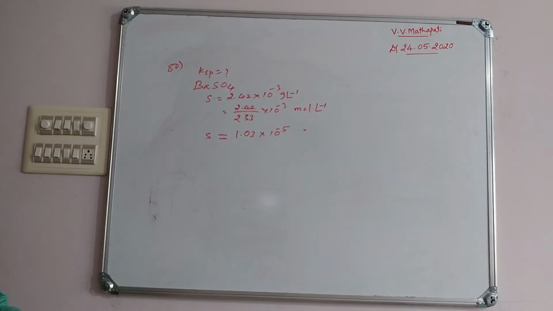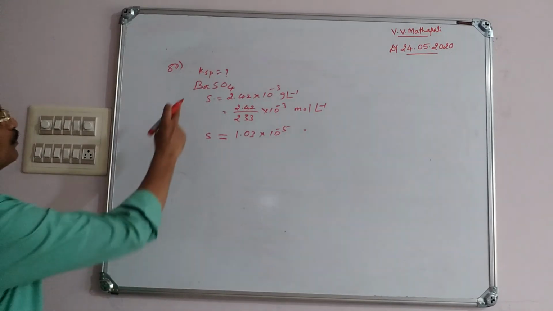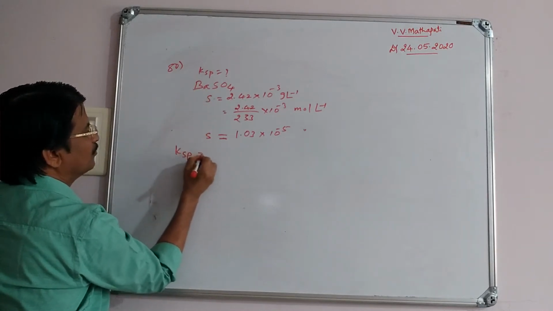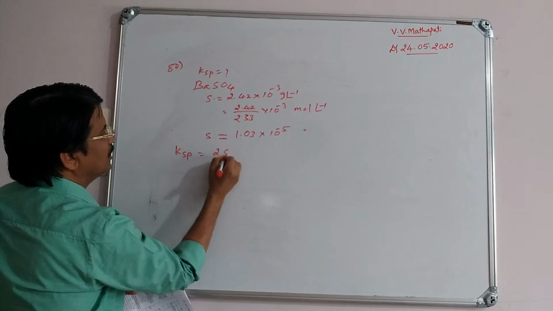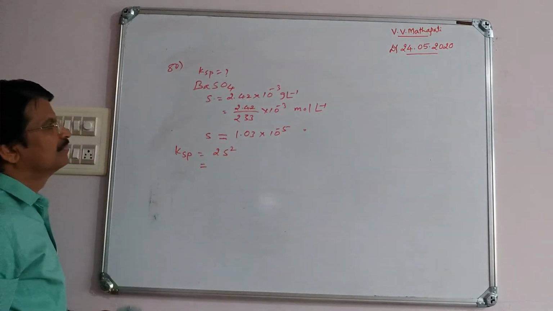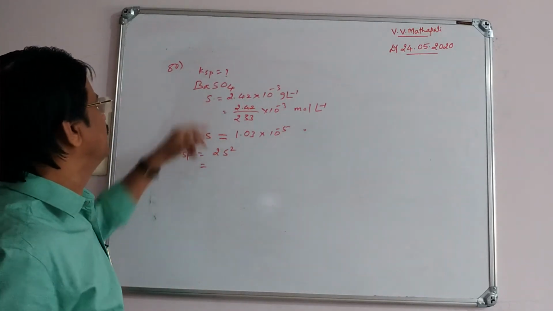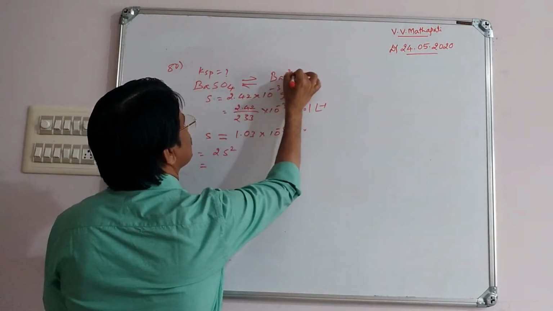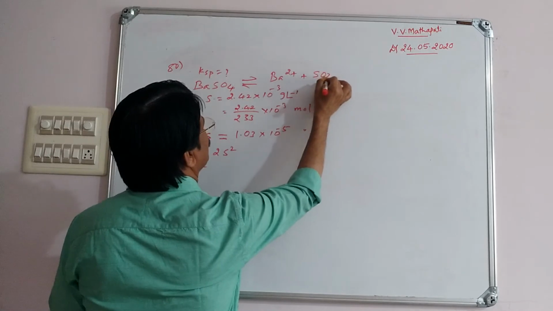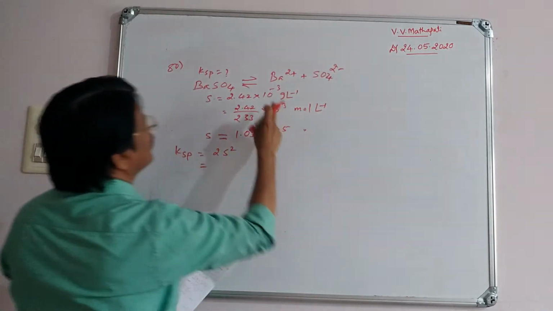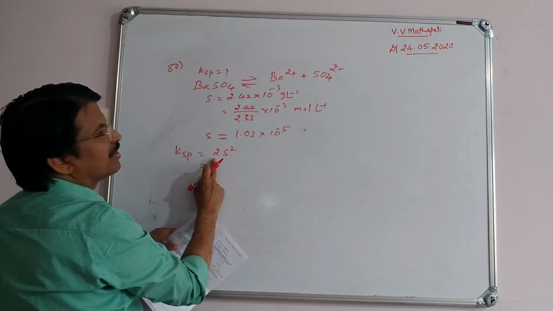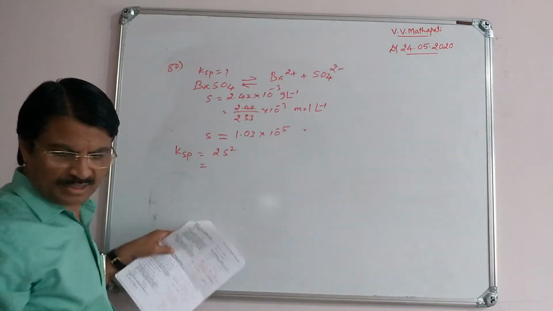Then in case of an AB type salt, BaSO4, Ksp equals S square, because BaSO4 gives Ba2 plus and SO4 2 minus.